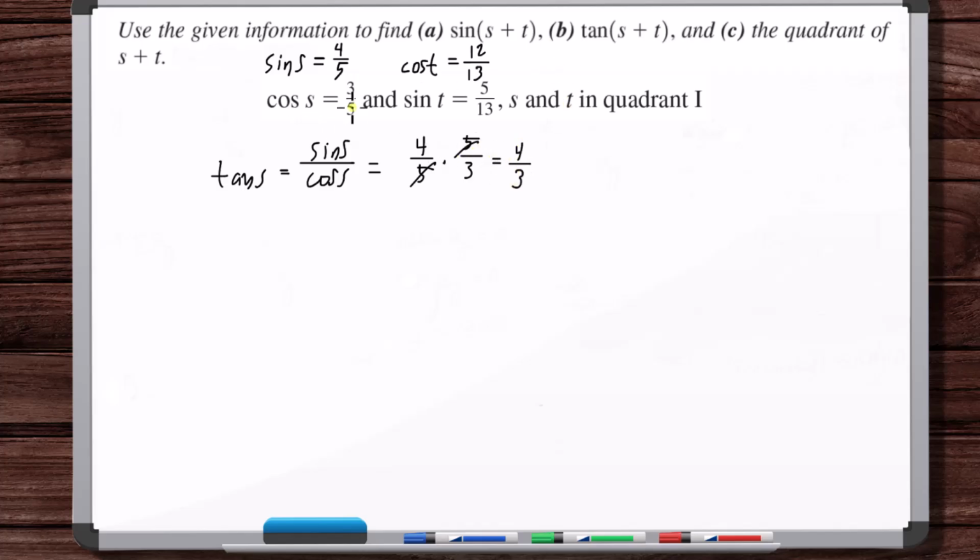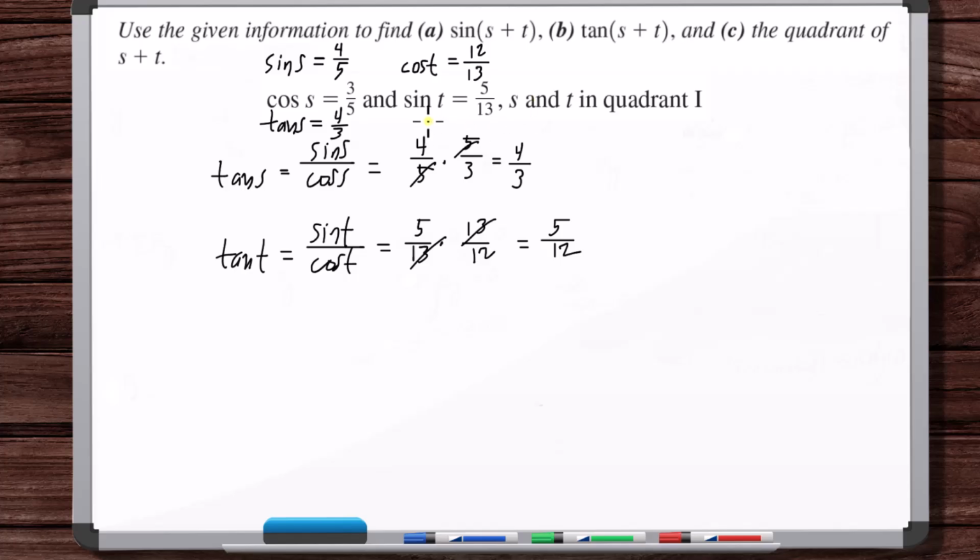Tangent of s is equal to 4/3. Now what about tangent of t? That's sine of t over cosine of t. Sine of t is 5/13, cosine of t is 12/13, so tangent of t is 5/12.